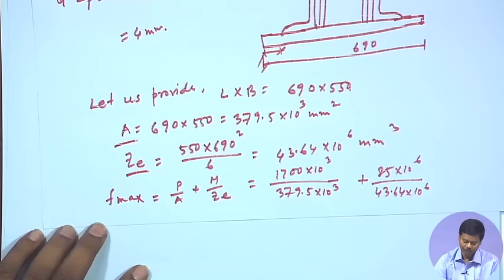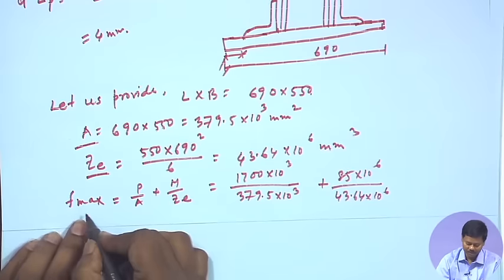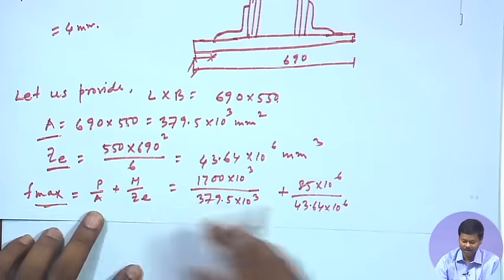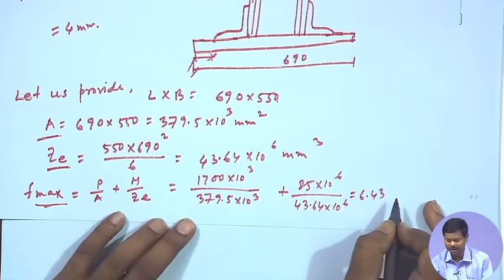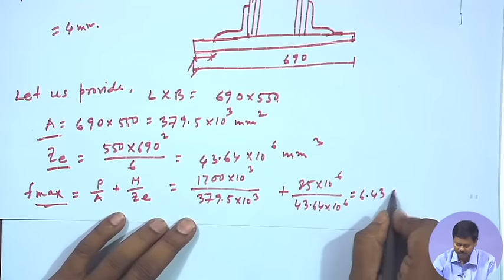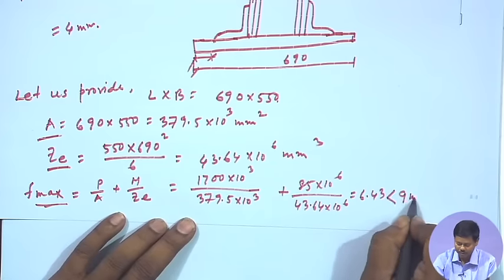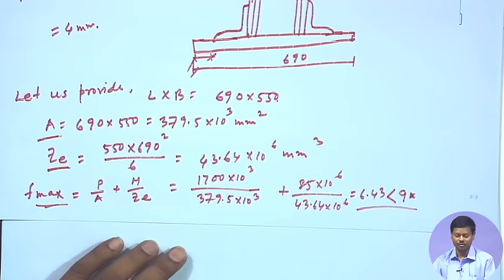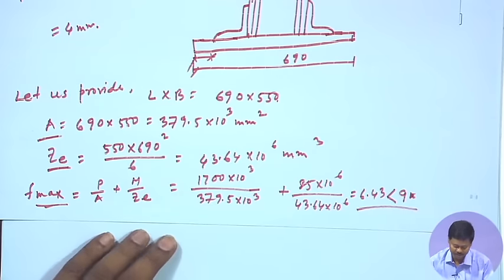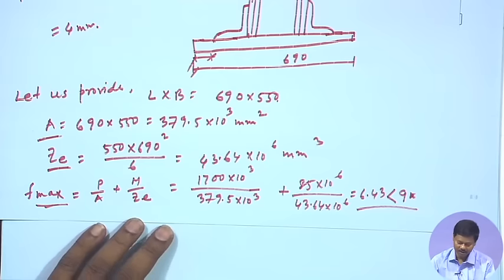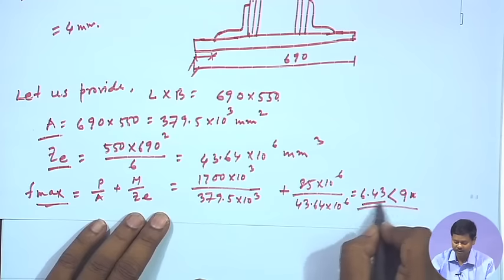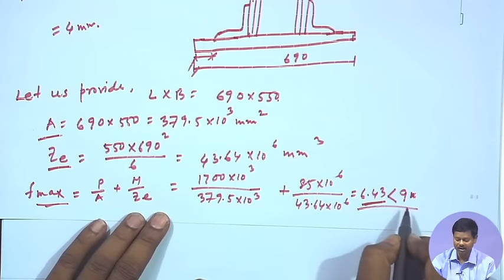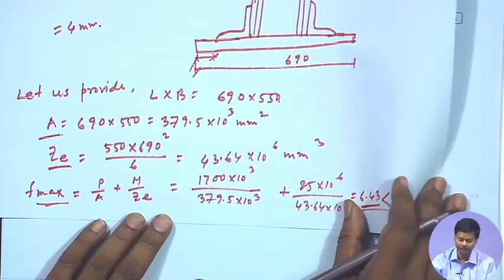So, the maximum stress developed is coming 6.43, and the bearing pressure of the concrete was 9. So, it is okay. The maximum pressure in the base plate from the concrete pedestal is becoming 6.43, which is less than 9 Newton per millimeter square. So, it is okay. This is how we could find out the maximum pressure.